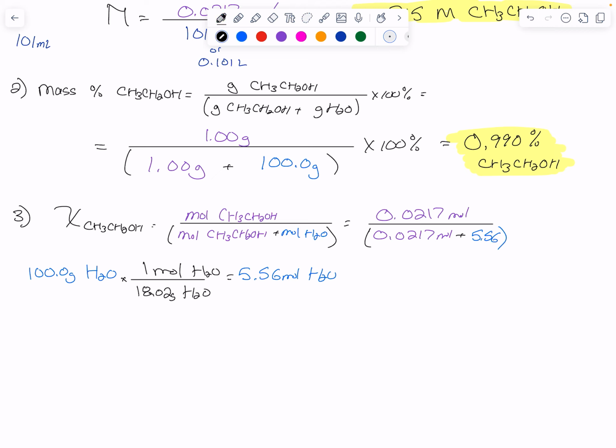And so we do this, right? You get 0.0217 divided by the 0.0217 plus the 5.56. I get 0.00389 for 3 sig figs.